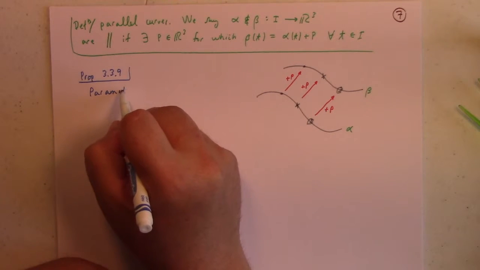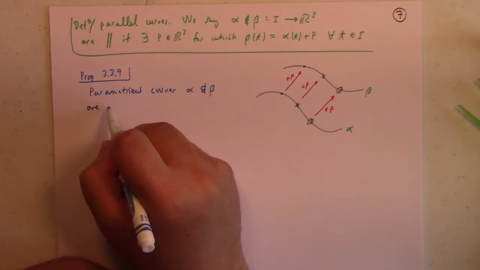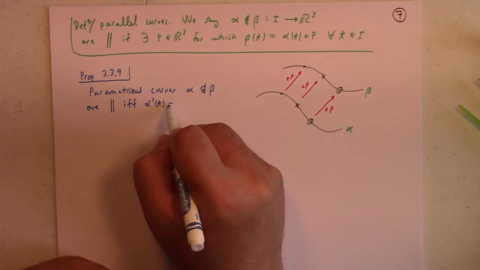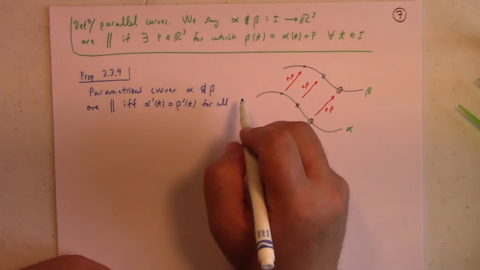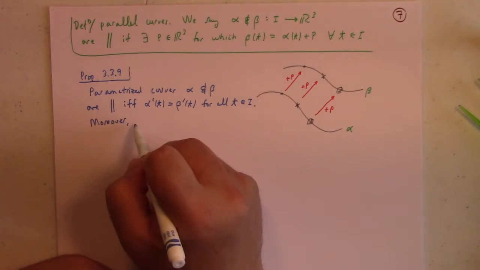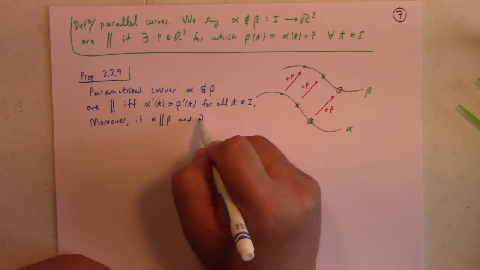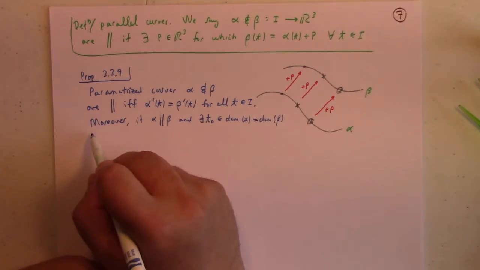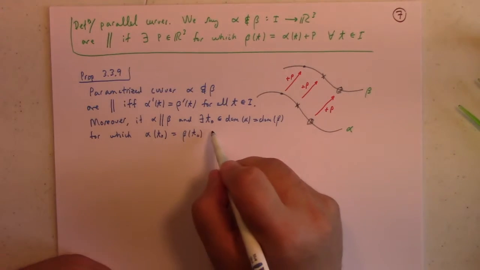Parametrized curves alpha and beta are parallel if and only if alpha prime of t is equal to beta prime of t for all t in I. Moreover, if alpha is parallel to beta and there exists some t naught in their domains for which alpha of t naught is equal to beta of t naught, then in fact they're the same curve.